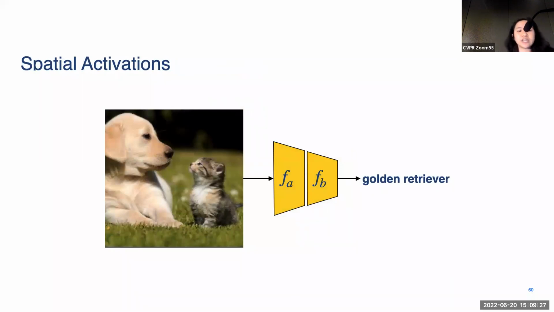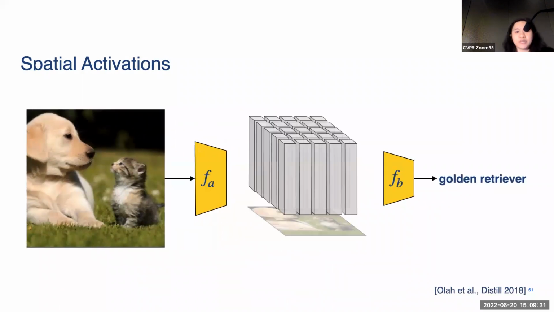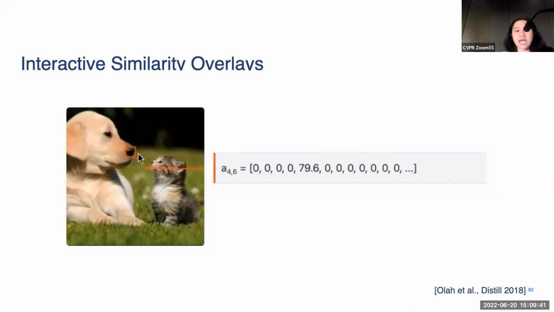Diving a little bit into the details, this is a very simple method. If we consider a CNN and we cut it in the middle, the first part is going to produce an intermediate output. For image classification models, this would be a 3D volume, and we can interpret this as spatial activations. What I mean by that is that every patch in an image corresponds to a cell in the activation volume that is a vector of activations, where each dimension corresponds to a channel in that layer.